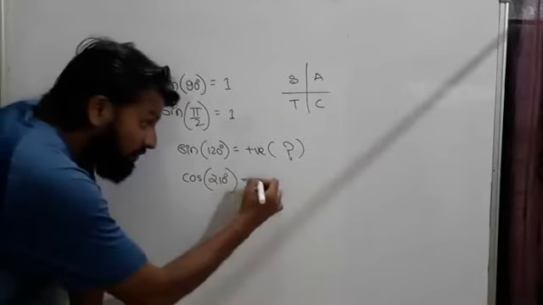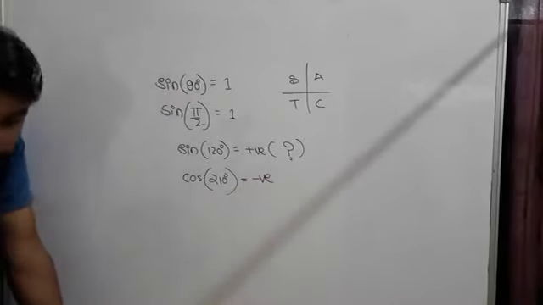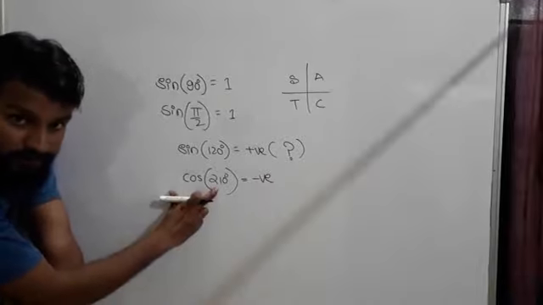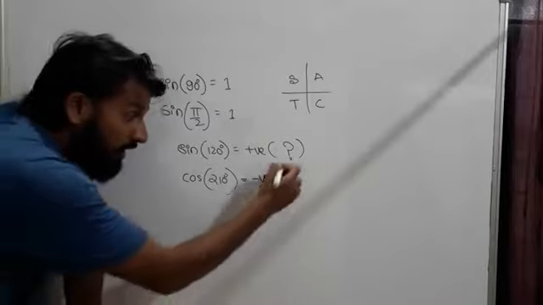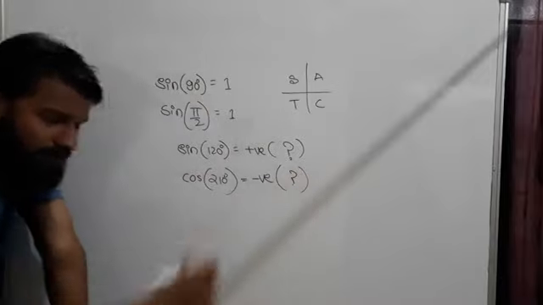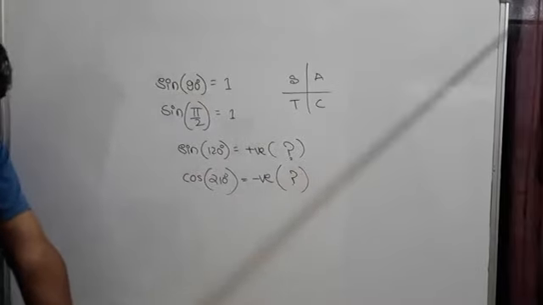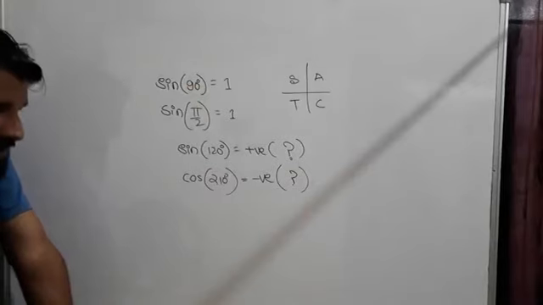I can say this is negative, no doubt about it. Why negative? This comes in the third quadrant and cos is negative there. But what about the value? What value will you get? So how to find these things? This is the really important point in trigonometry.